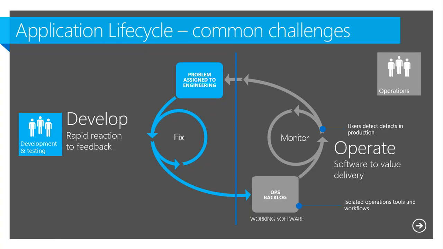The second problem is related to the fact that IT operations focus on continuous delivery of business functionality in the application. Continuous delivery of this service is the number one goal of IT operations. Now, the reality is that IT operations are not the first to find out about issues when they occur.